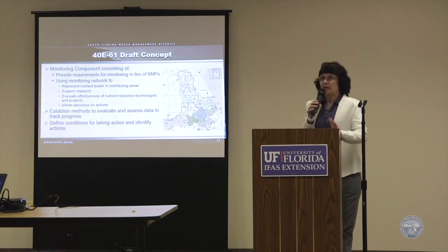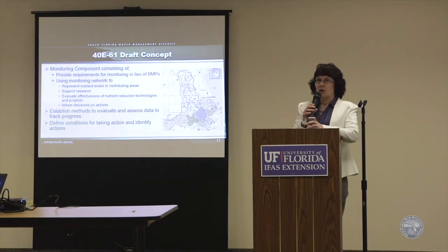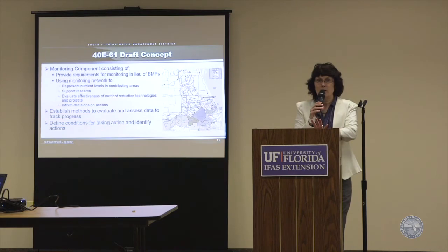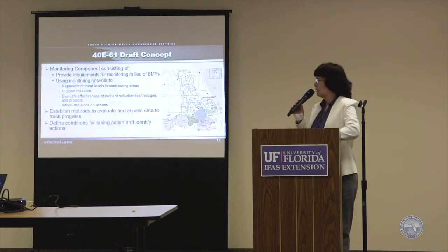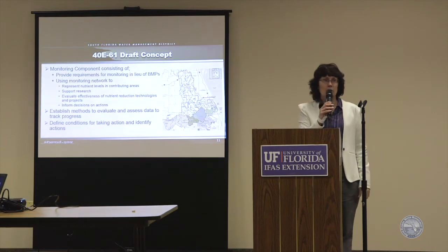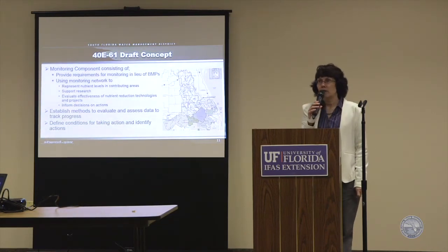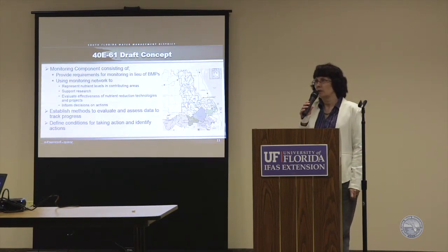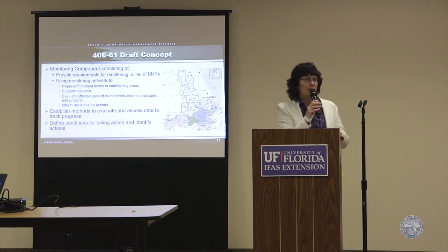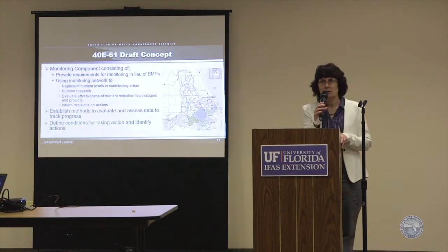So the idea is to look at the monitoring network and to determine where we could represent nutrient levels in contributing areas. Then we could use the data from the monitoring to assist with research and to evaluate projects and nutrient reduction technologies, and also to inform the coordinating agencies so that they can make informed decisions.